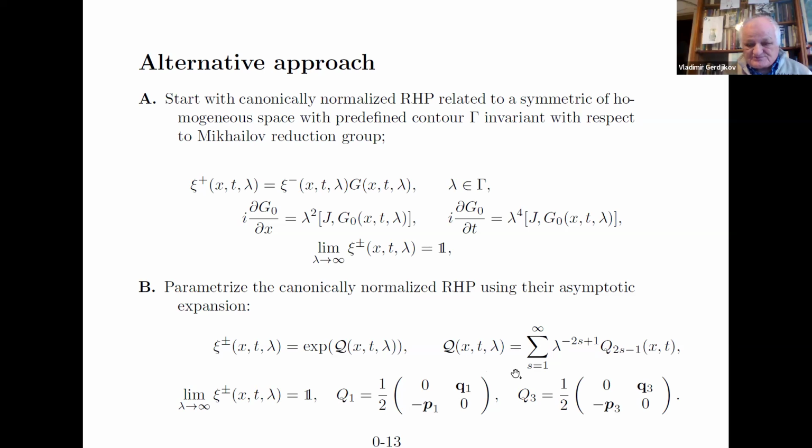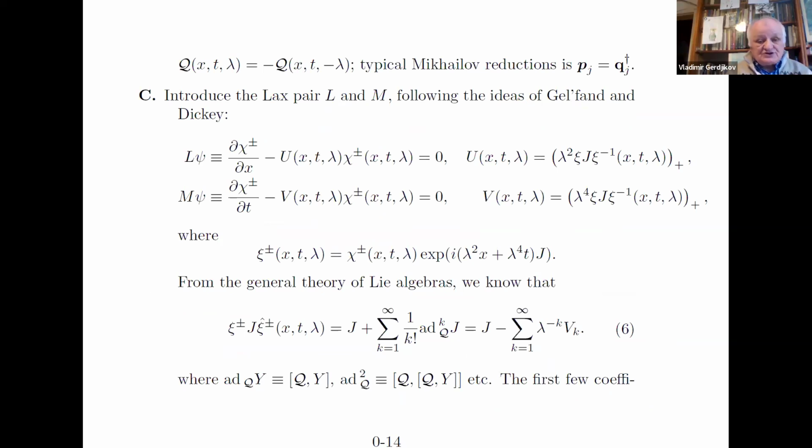That is, they belong to the subspace G1. Now we have, of course, the structure of a symmetric space, and we have this grading. In addition, I have assumed also that the function Q twiddle changes sign when lambda changes sign. So we have here only odd powers of lambda, odd negative powers of lambda. So this is the way it is formulated.